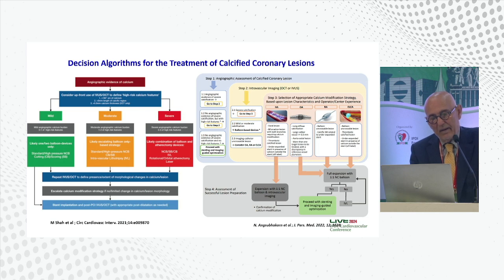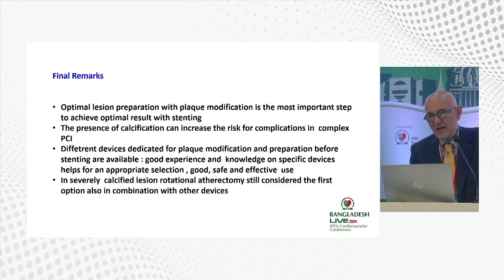And then I think if you do not have any access to the lesion, rotablation is the upfront technology to use. Optimal lesion preparation with plaque modification is the most important step to achieve an optimal result with stenting. The presence of calcification can increase the risk of complications in complex angioplasty.